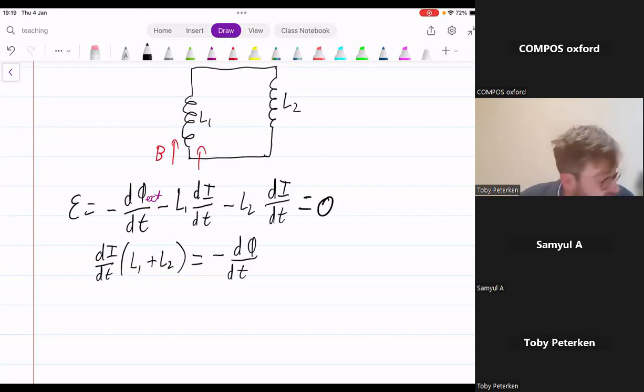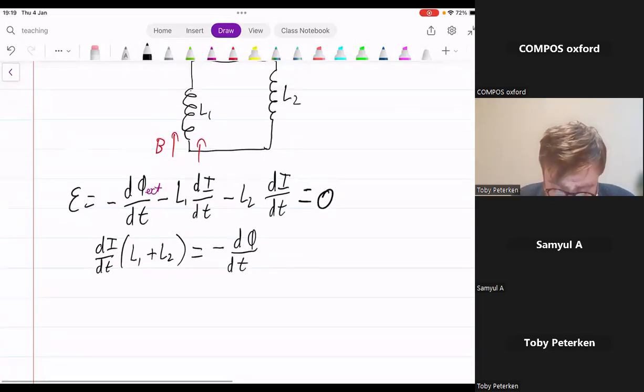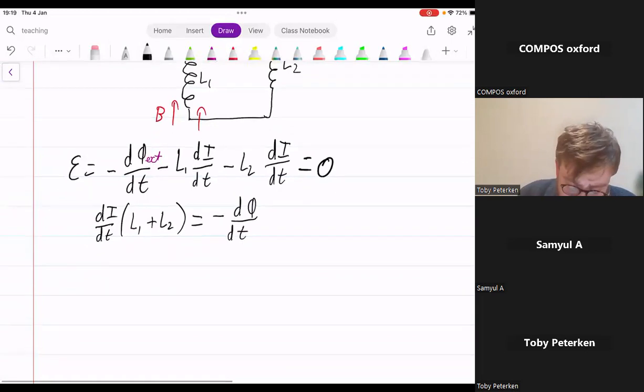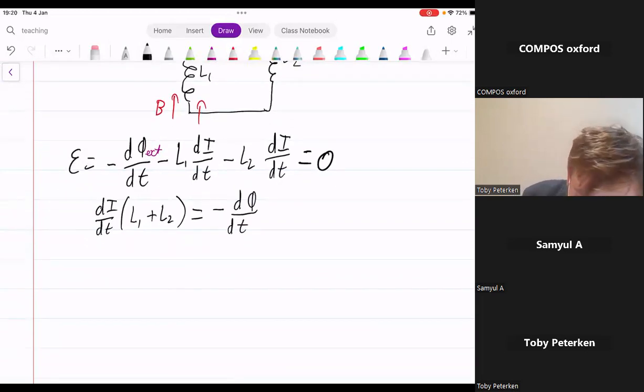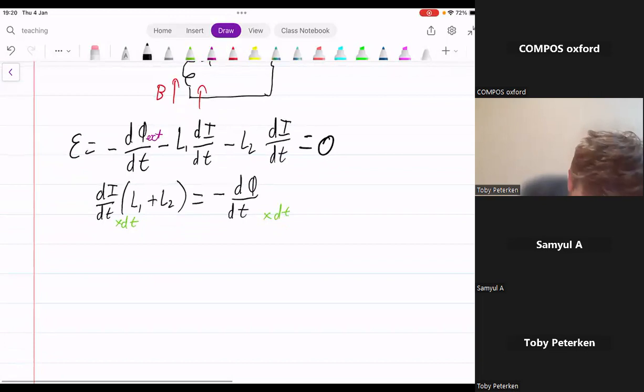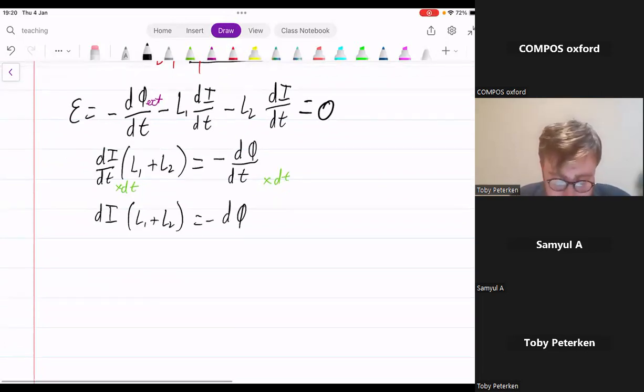Okay, I've just rearranged that. And now, if we multiply both sides by dt, we have di times L1 plus L2 equals minus d phi.